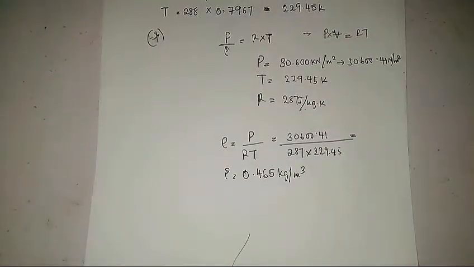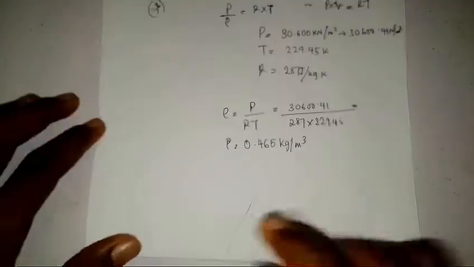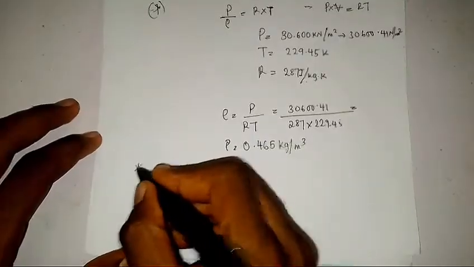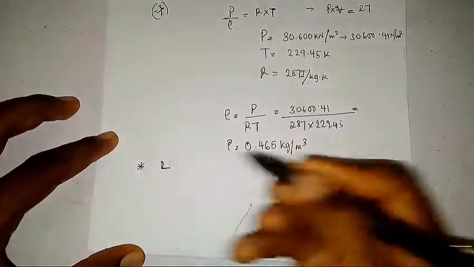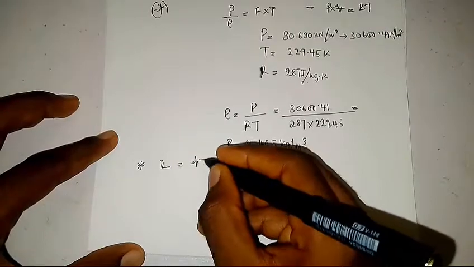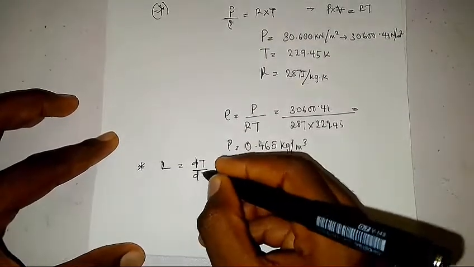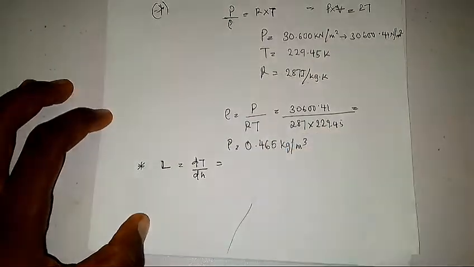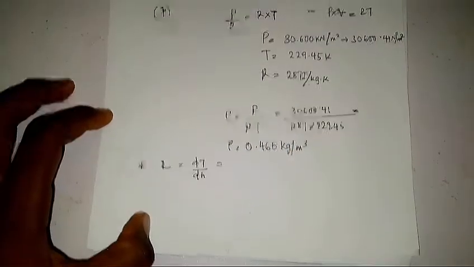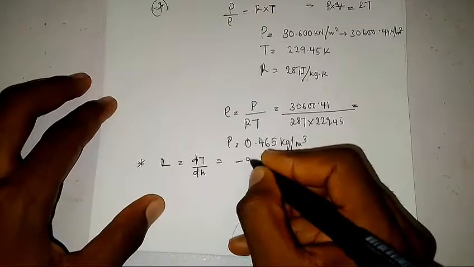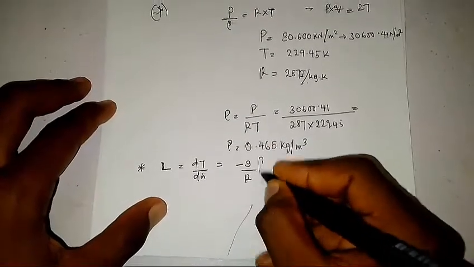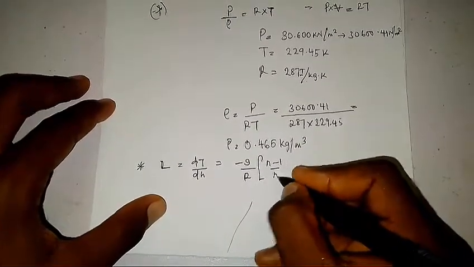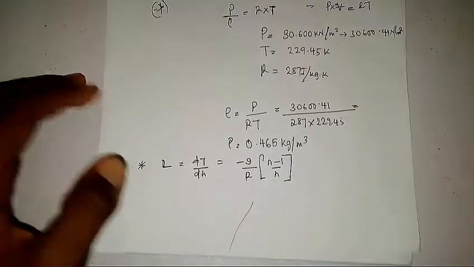That's just exactly what lapse rate is. Lapse rate, which is presented as L, is equal to change in temperature due to change in height, right? So this basically is equal to minus G divided by R, open bracket, n minus 1 over n, close bracket. So this is a very simple formula for calculating lapse rate.